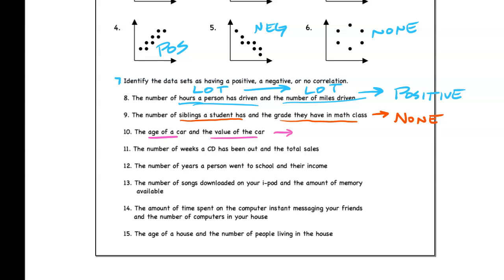Basically, if you have an old car, the value of the car is not much. Because their information is opposite, that's a negative correlation. That was perfect. And you guys don't have to write out this little, that's just for you to think in your head. You just have to tell me positive, negative, or none.